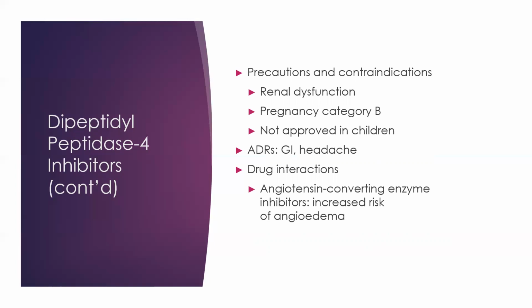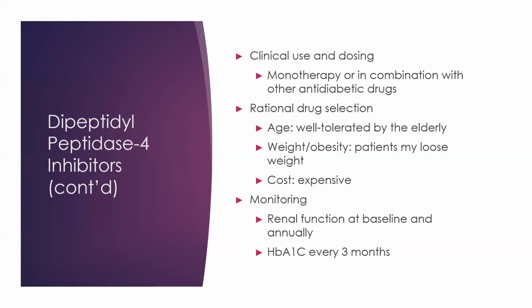Side effects: upset stomach, diarrhea, stomach pain, upper respiratory infections, stuffy or runny nose, sore throat, headaches, constipation. Contraindications: history of serious hypersensitivity reaction such as anaphylaxis or angioedema. Not for type 1 diabetes or children under 18 years of age.